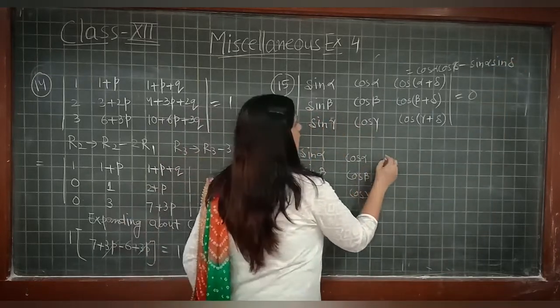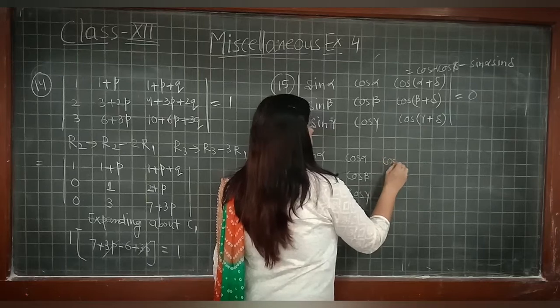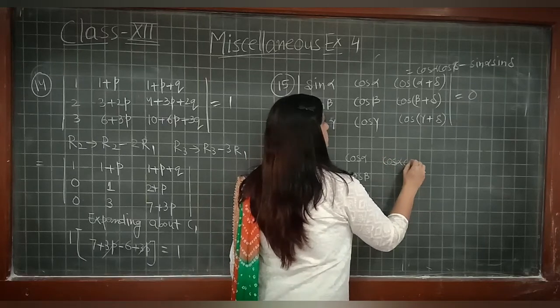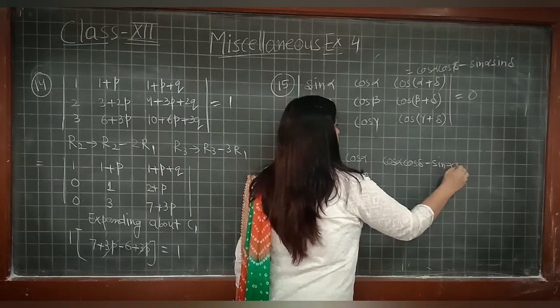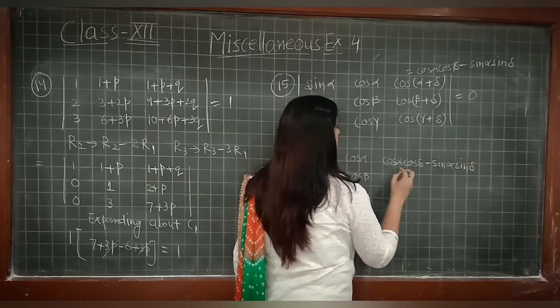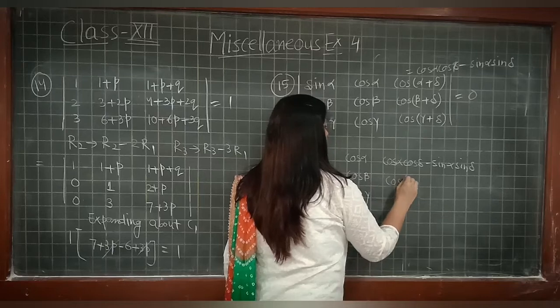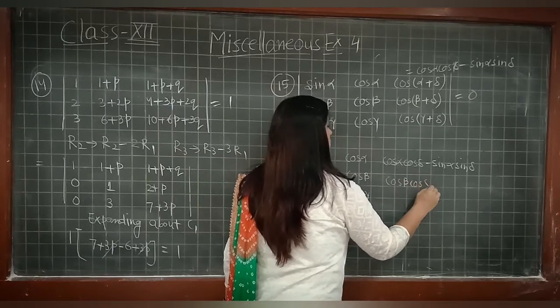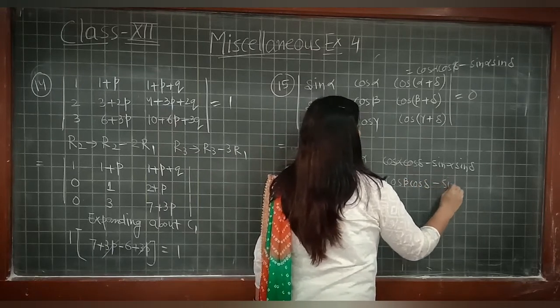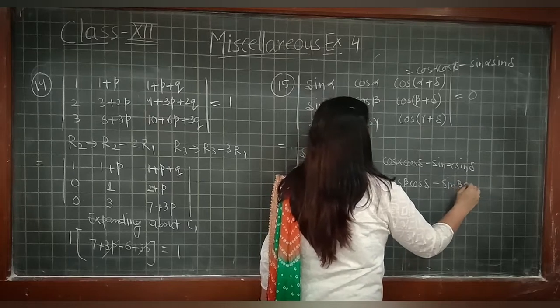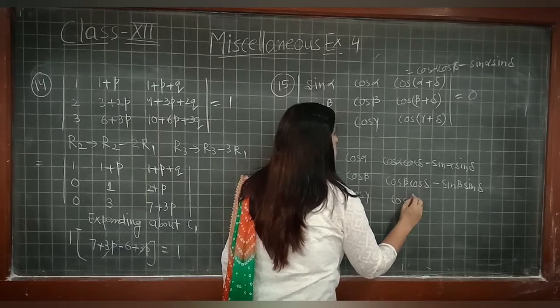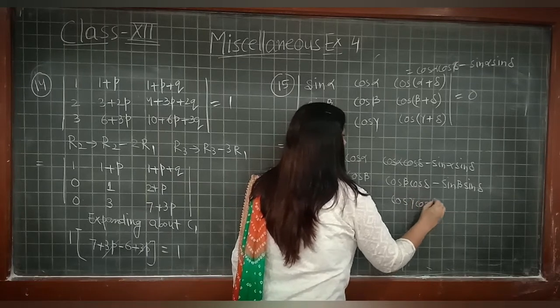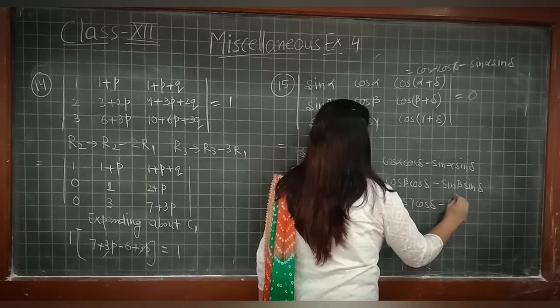So now this will be cos A cos B minus sin A sin B, then cos A cos B minus sin A sin B.